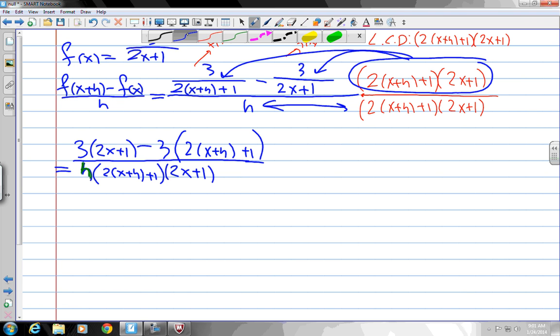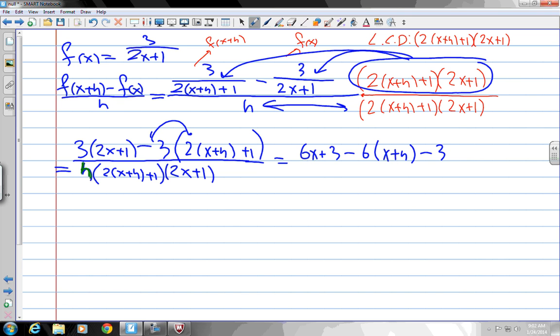So anyways, open up. Just don't mess with the denominator. Mess with the numerator. Open up all the parentheses. So it's 6x plus 3 minus 6 times x plus h minus 3. See what I did? I just distributed negative 3 like that. And then we'll distribute negative 6.